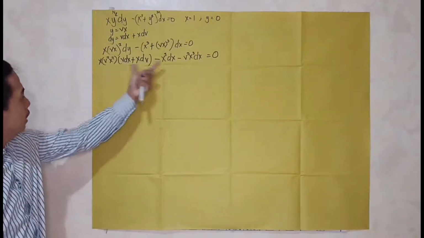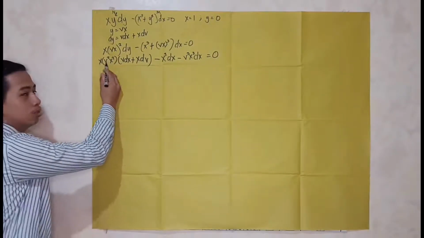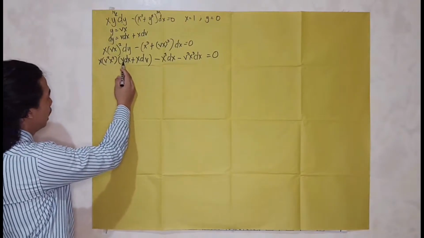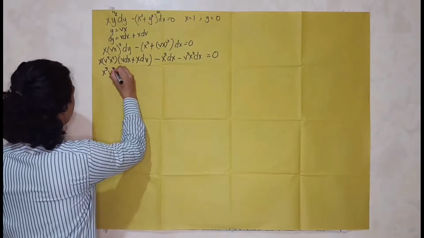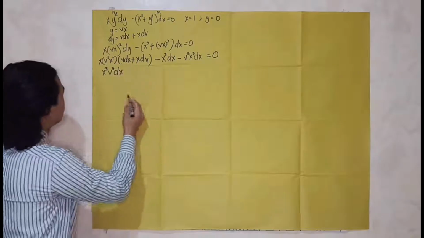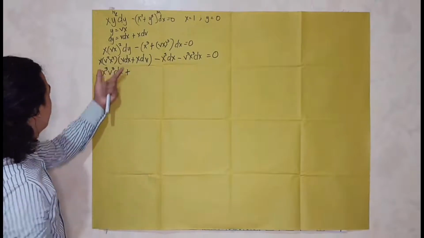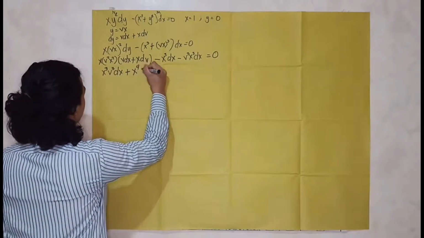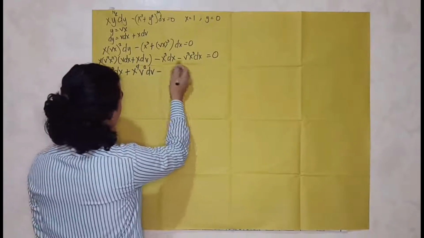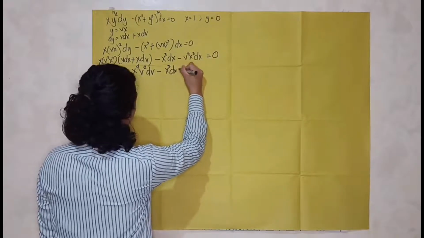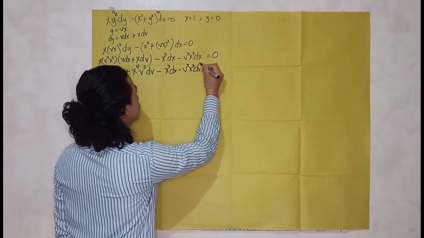So simplifying this quantity, meron tayong x times v squared x squared multiplied by v dx is x cubed v cubed dx plus, multiply this by this term, we have x to the 4th v squared dv, then copy the next term x cubed dx minus v cubed x cubed dx is equals to 0.